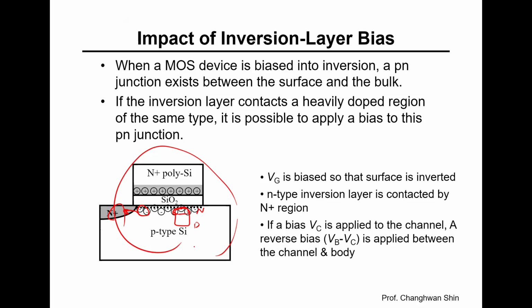So this reverse bias affects the depletion region width beneath the channel, which in turn affects the channel conductivity or resistivity. So this effect is critical for understanding body effect, how substrate voltage affects threshold voltage, and latch-up, a potentially destructive phenomenon in CMOS circuits.